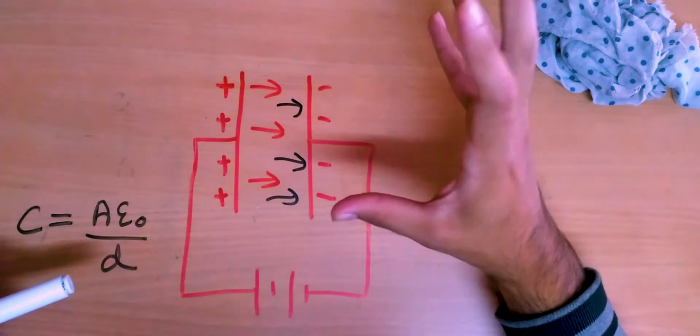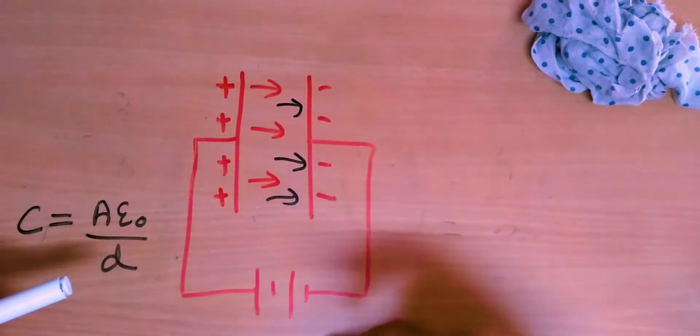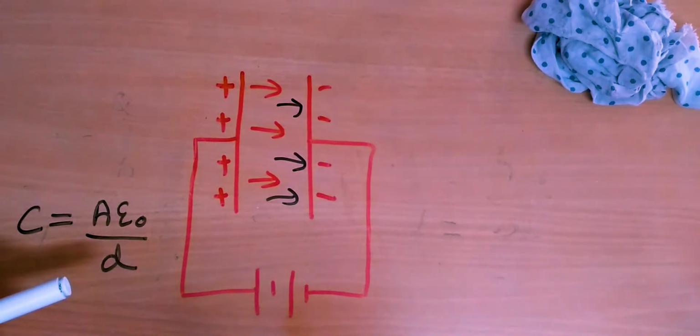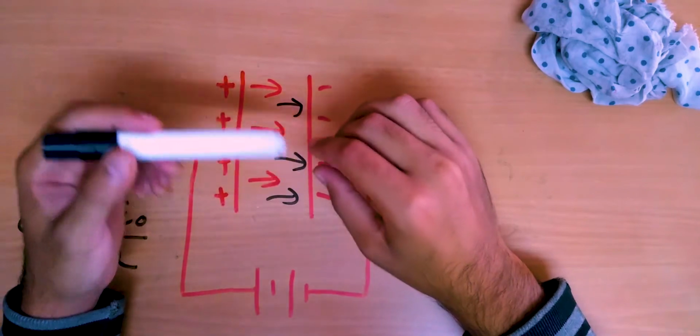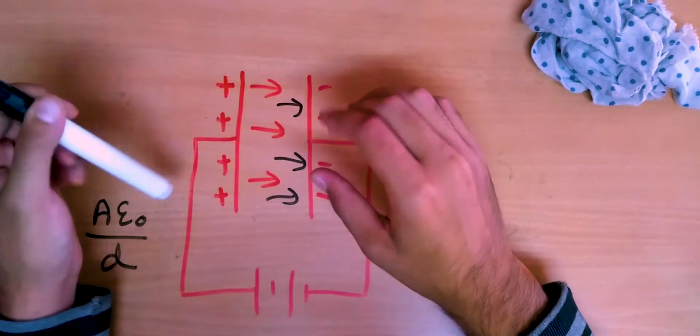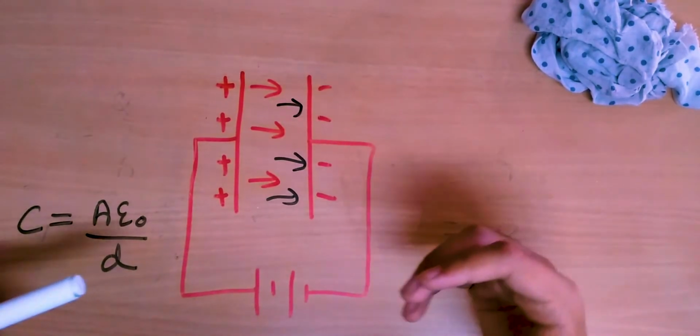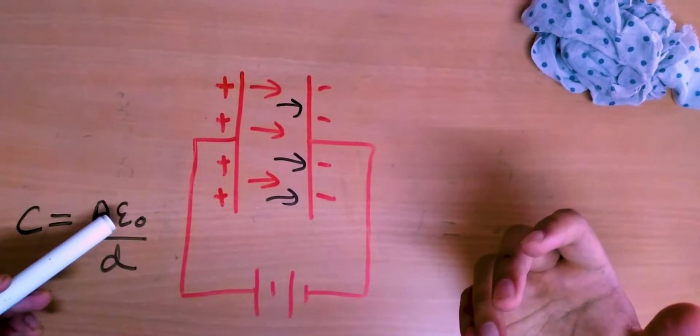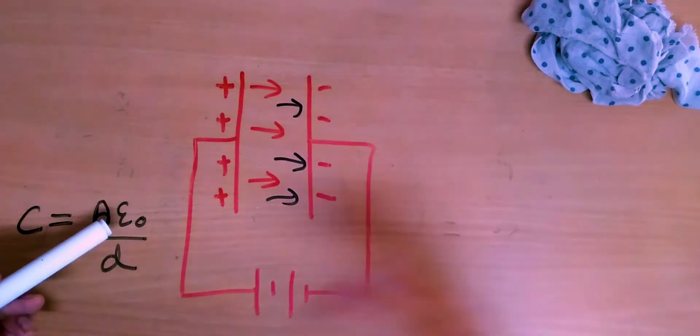So the basic idea of permittivity is that permittivity simply tells us how easily can the electric field penetrate through a given substance. So we'll be looking at this value in more detail in the coming videos, but the basic idea of permittivity is how easily can electric fields travel through a given medium.